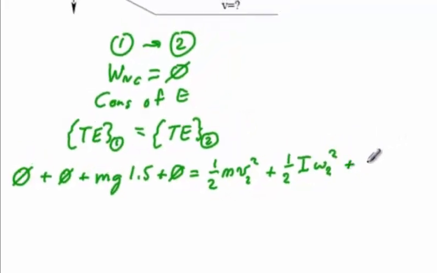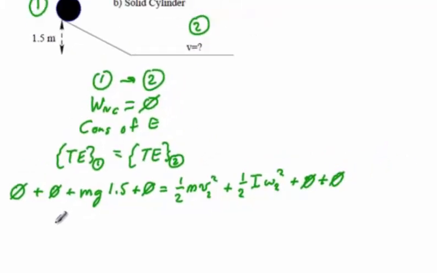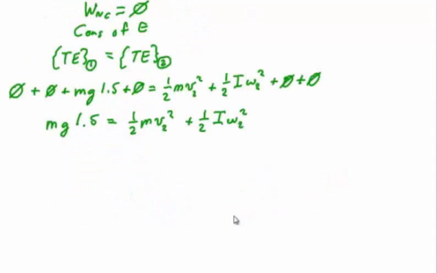But we have run out of gravitational potential energy, and there's no spring, yielding the compact form mg 1.5 equals 1/2 m v2 squared plus 1/2 I omega 2 squared, indicating, just as for the hollow cylinder, that the original amount of energy, mg times 1.5, is then split between the translational and rotational kinetic terms. The split ratio depends upon the moment of inertia.